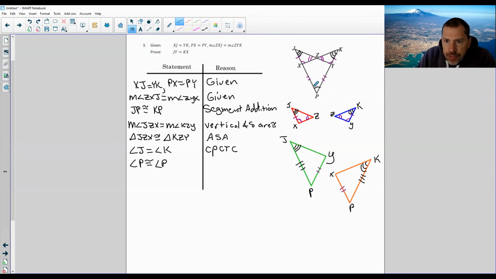Those overlapped right there. Let me use 4 marks here because I've used 1, 2, 3, and now I'm on my 4th angle. Angle P is congruent to itself. So when I drag this out, this angle is congruent to that angle. Angle P is congruent to itself. That's reflexive.